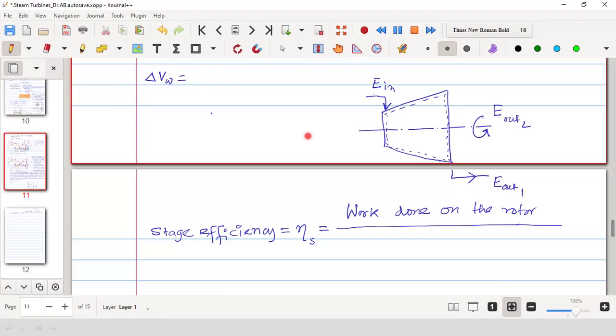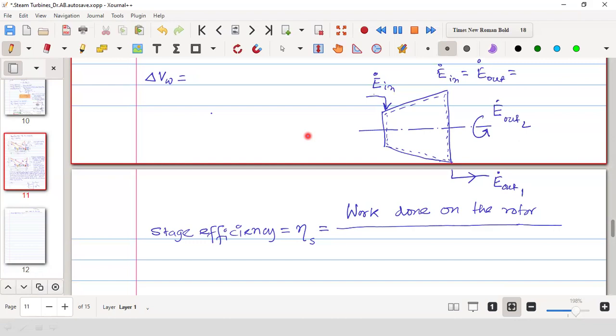That means if we write it in terms of rate, because it is always constantly moving, energy in is equal to the rate of energy out, and energy out is in the form of basically two things.